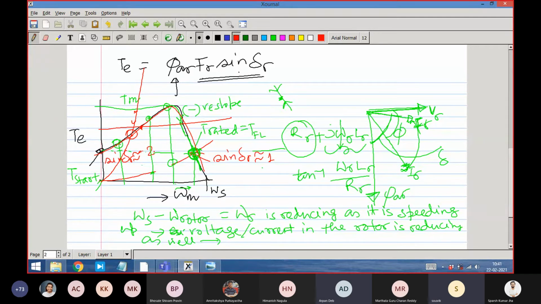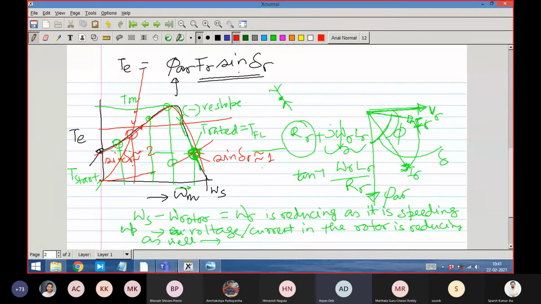Sir, I have a question regarding the maximum torque. From the graph, as the rotor speed omega r is increasing, the delta becomes close to 90 degrees, meaning phi becomes closer to 0 degrees. But at the limiting point, when delta equals 90 degrees, the speed of the rotor is equal to the synchronous speed.